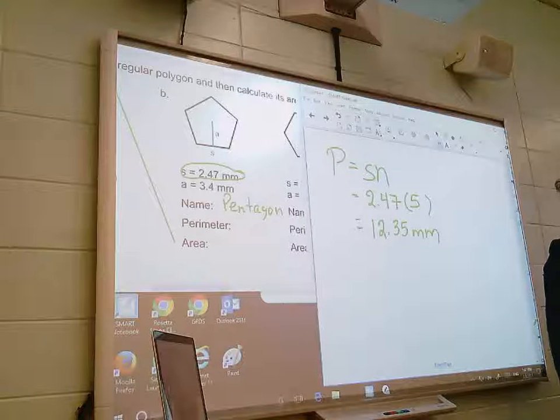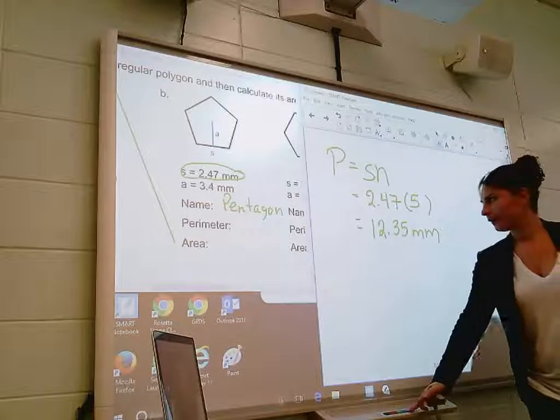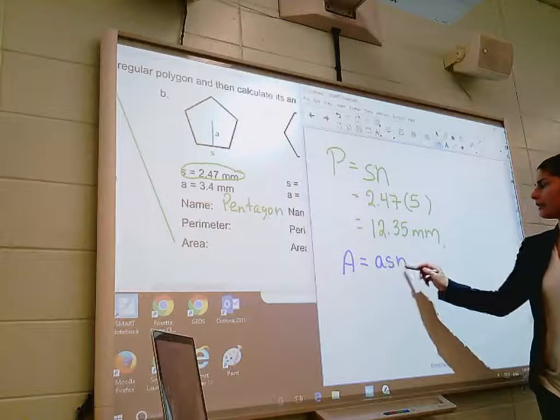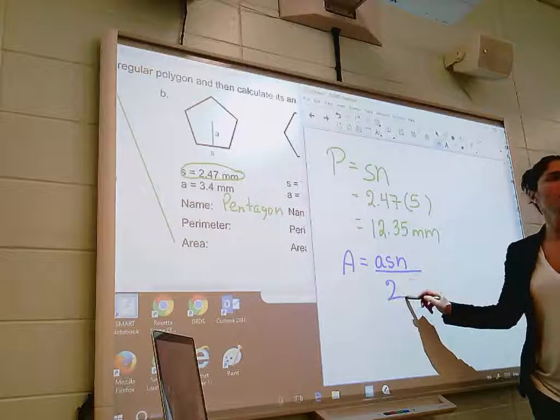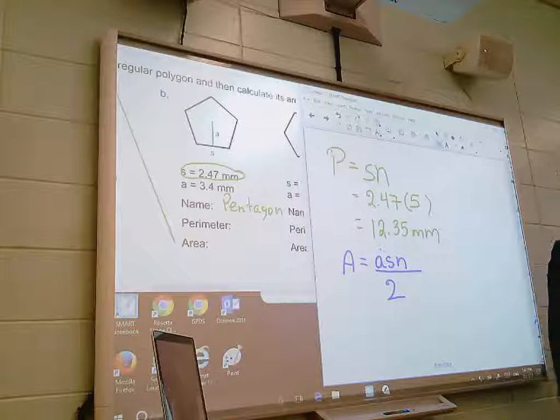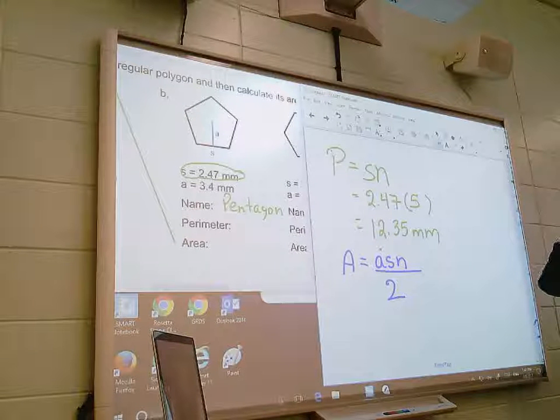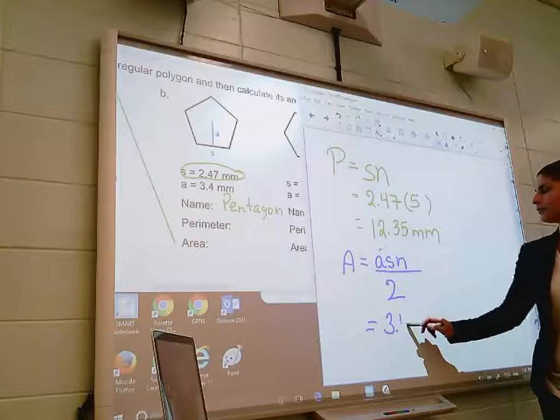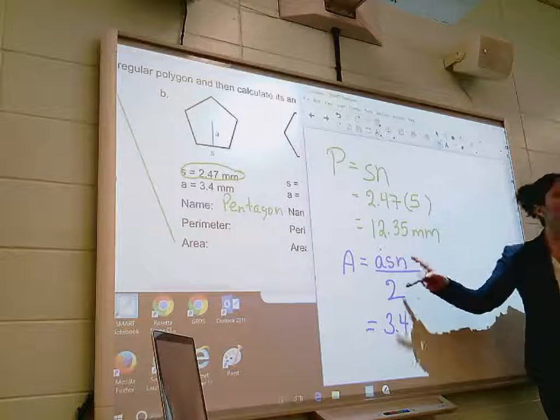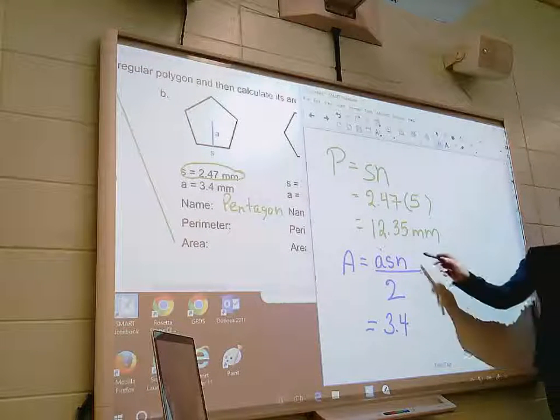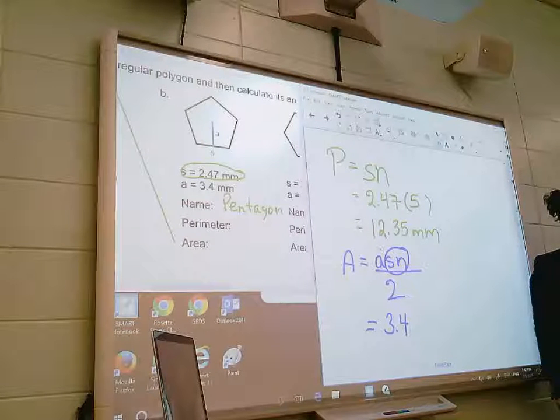Now I want the area. Area equals ASN divided by 2. A is the apothem. Apothem says 3.4. I could do S times N, but I already did S times N. Do you guys recognize what I just did?